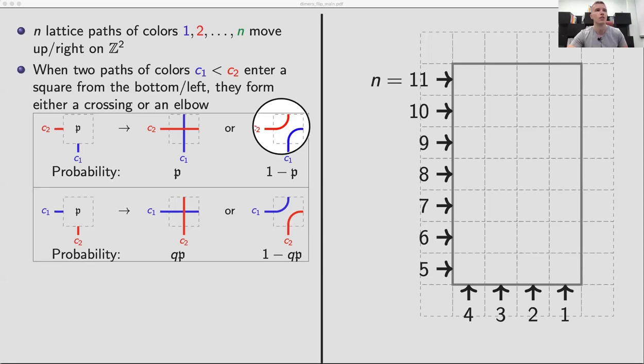And then the probability depends on the colors, which are not going to be the same. If the smaller color comes from the bottom, then the probabilities are going to be P and 1 minus P. If it comes from the left, then the probabilities are going to be QP and 1 minus QP. So for example, here 4 is less than 5, so I'm in the top row of my table. And so if I choose that they form a crossing, then that happens with probability P.